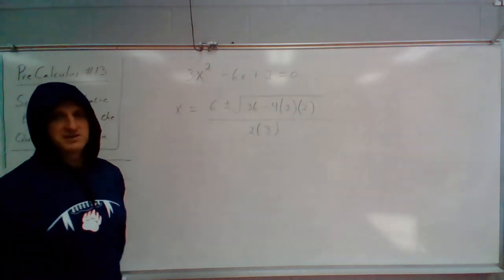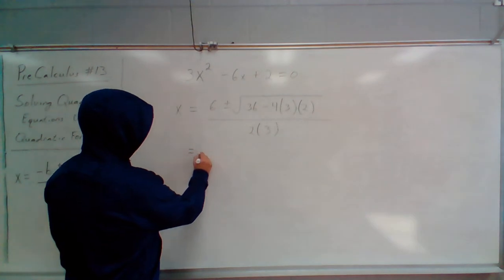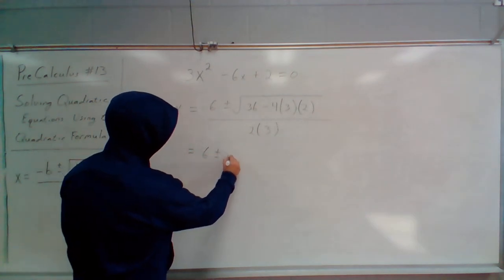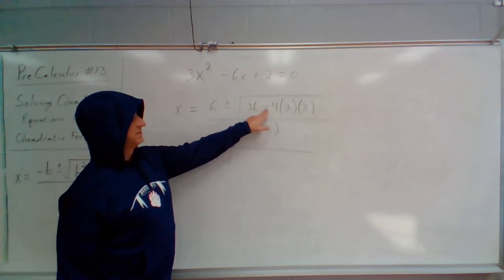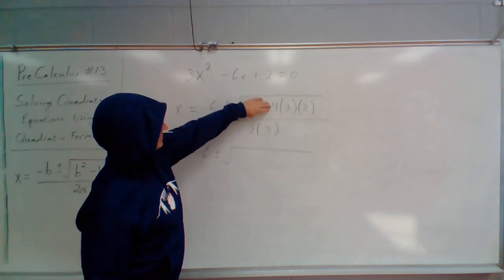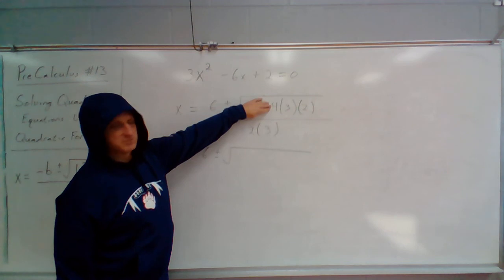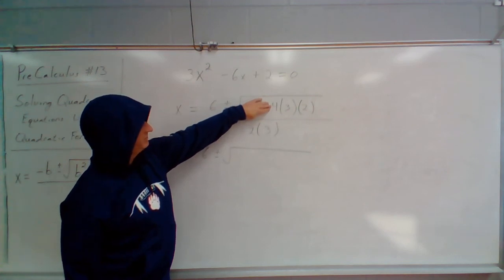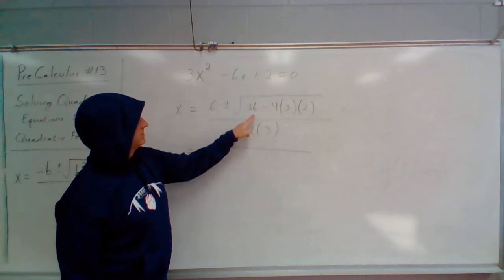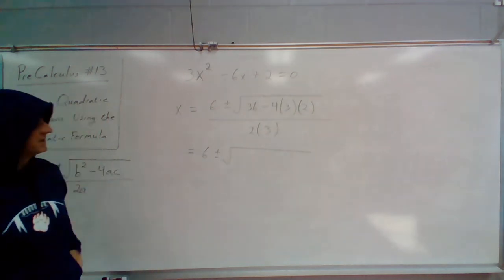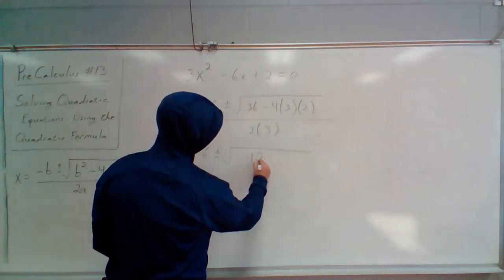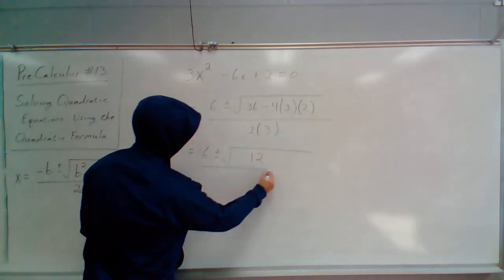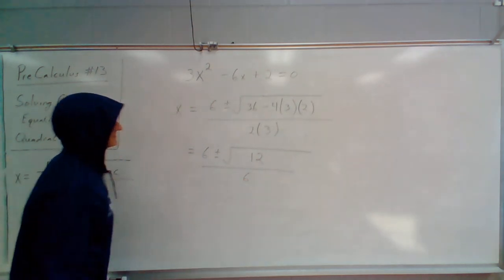Right, so we plugged in everything right. 6 plus or minus square root 36 minus, so I have 4 times 3 times 2. 4 times 3 is 12. 12 times 2 is 24. So I have 36 minus 24. 36 minus 24 is 12, all over 6.